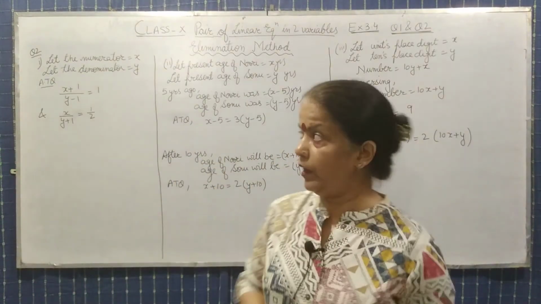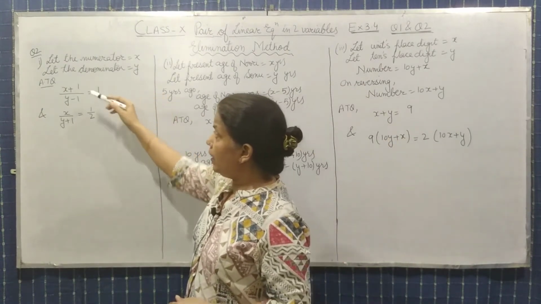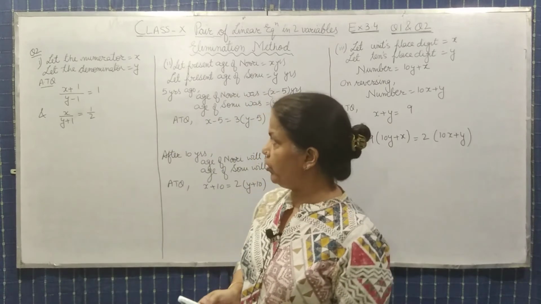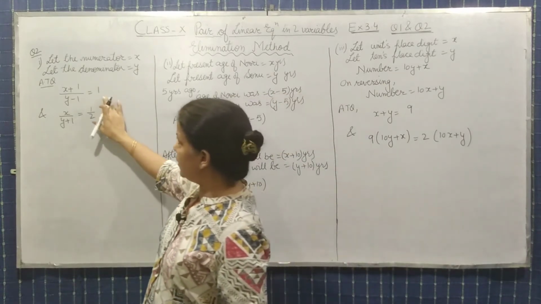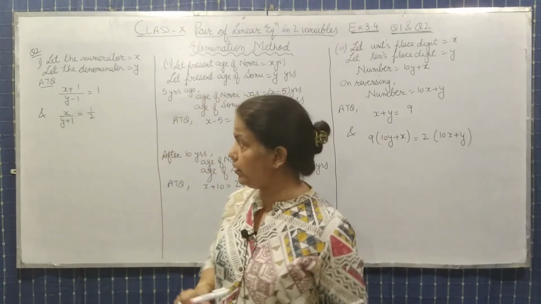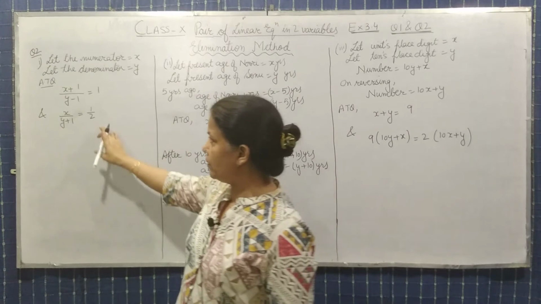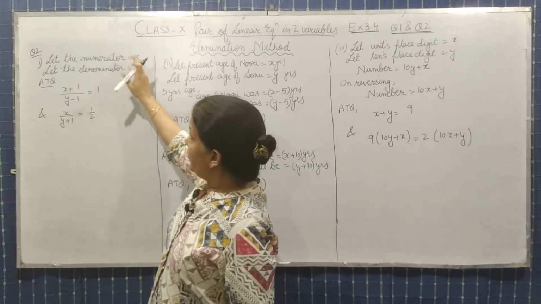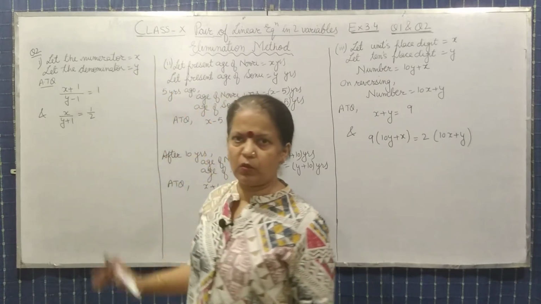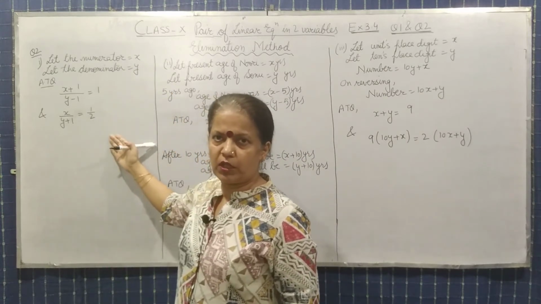Question 2. In question 2, it is given that if 1 is added to the numerator and 1 is subtracted from the denominator, then the fraction becomes 1. And if only 1 is added to the denominator, then the fraction becomes half. So we will let the numerator and denominator as x and y. So we will make these two equations accordingly.